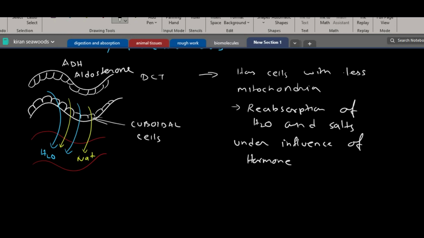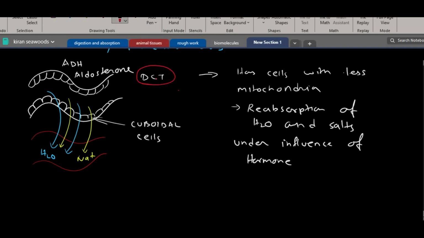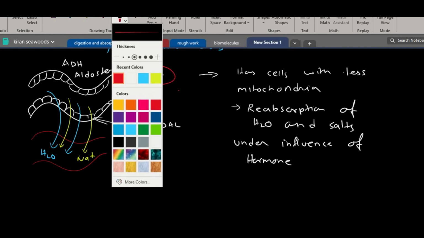So hope this is clear. This is the thing which will be happening in DCT.